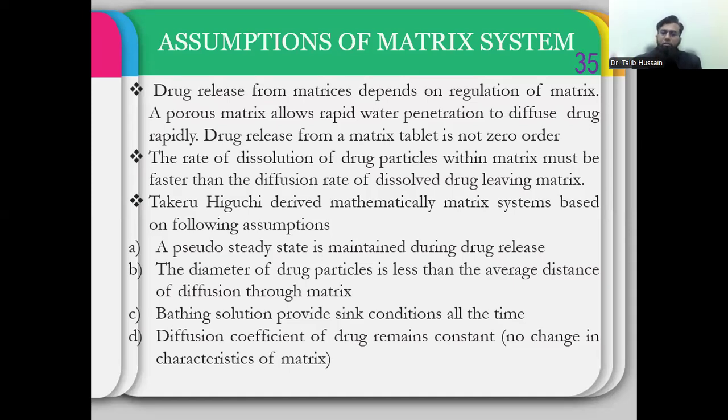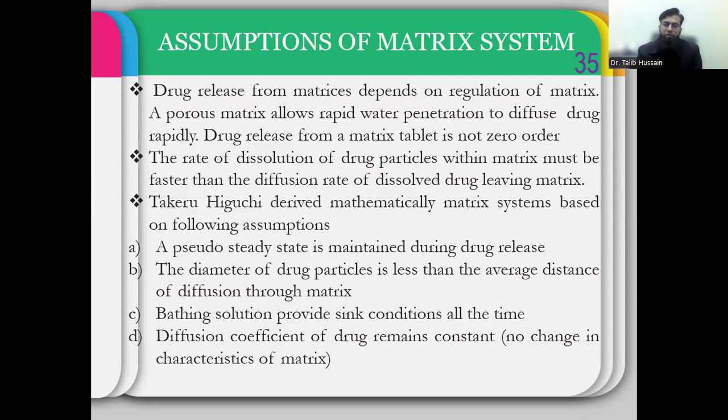Secondly, the diameter of the drug particle, which has to diffuse out of the polymeric matrix, should be less than the average distance of the polymeric matrix through which it has to diffuse out. So the diameter of the drug particle should always be less than the average distance of diffusion through the matrix.